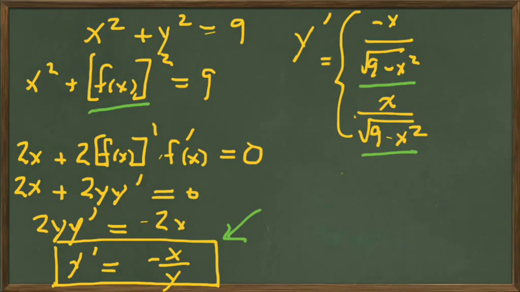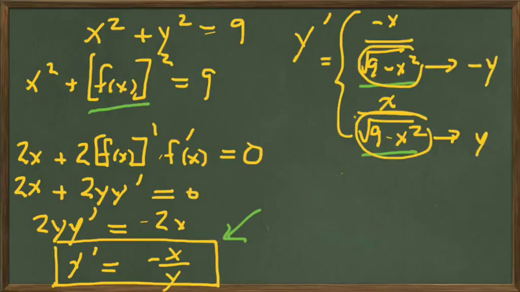So replacing the square root here with y and the square root in the bottom half with minus y, we get y prime equals, on the top half of the circle, minus x over y, and on the bottom half of the circle, minus x over minus y. Excuse me, I had that wrong. This should be positive y on the top half, and minus y on the bottom half.